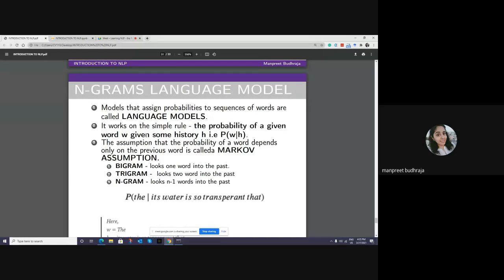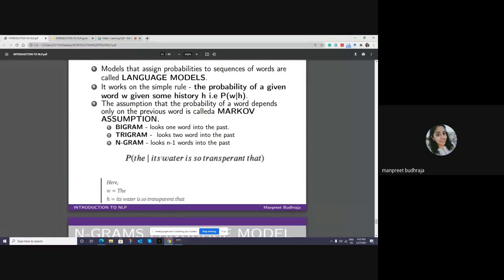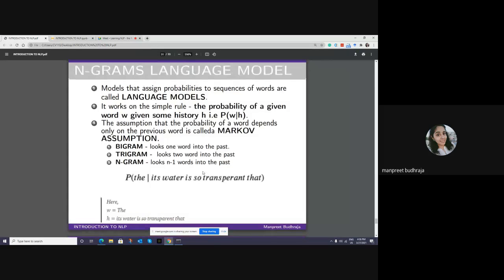The probability of a word W given some history H, P of W given H, and the assumption that the probability of a word depends only on its previous word is called Markov's assumption. So given its water is so transparent that, what is the probability that the will occur after that? Okay, so the word is the, and the history is its water is so transparent that.